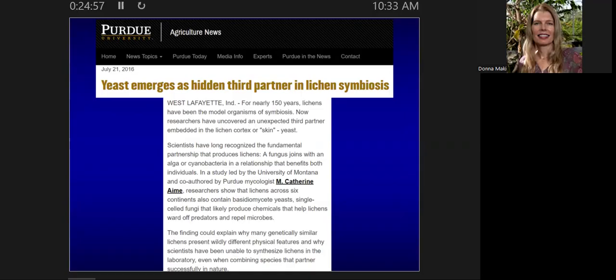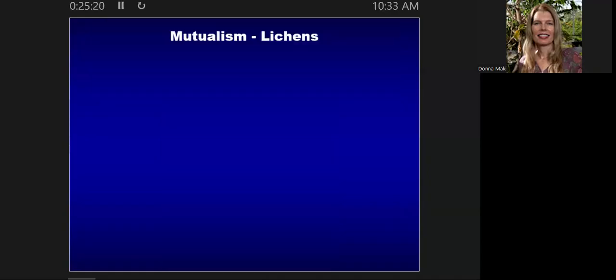This finding could explain why many genetically similar lichens have wildly different physical features, and why scientists have been unable to synthesize lichens in the lab. So they haven't been able to force a lichen relationship. They can't get it to happen, and they've not witnessed it in the wild either. Kind of still a mysterious interaction.